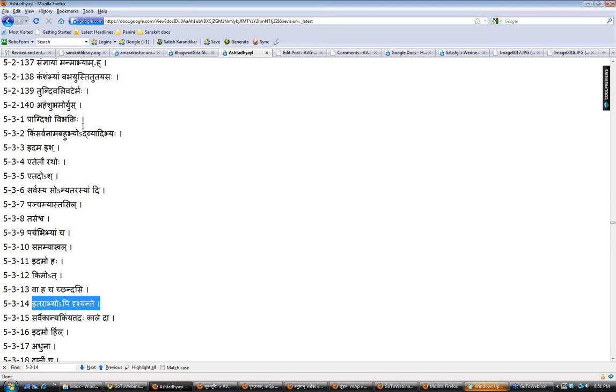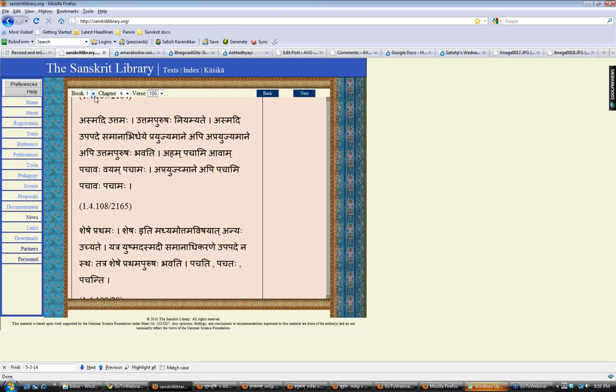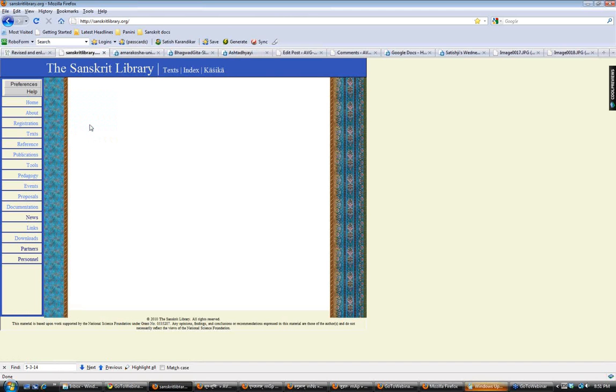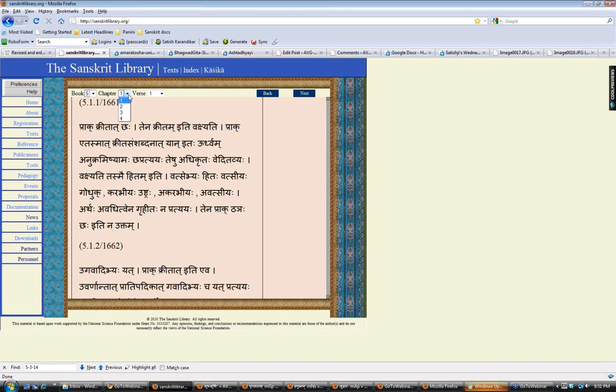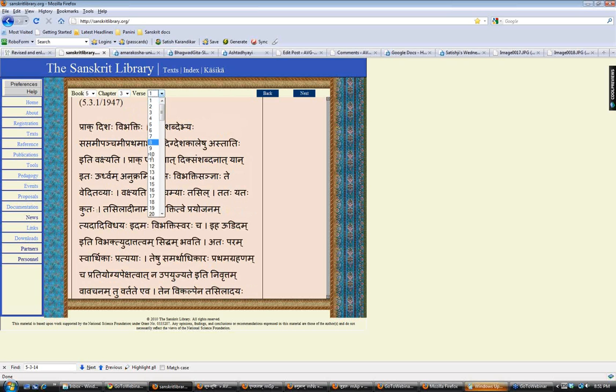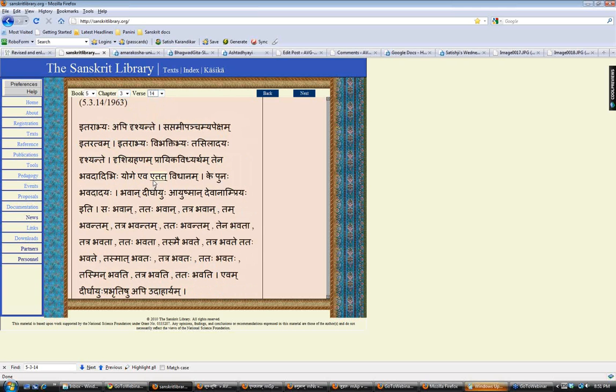Let's look at the Sutram 5.3.14 and its Vyakhyana. Okay, Itarabhyopi drishyante, 5.3.14.